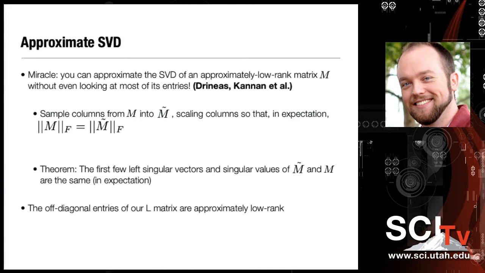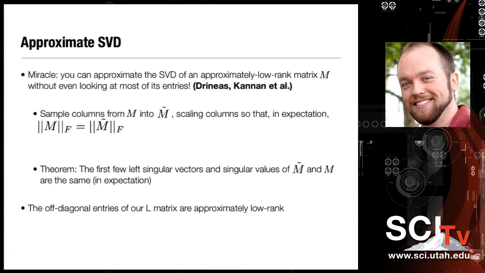It's just estimating how much total norm there is, and there's ways of doing that, and then you just scale everything. You compute the SVD of this small guy, and the left singular vectors and the singular values actually match the first ones. And on a matrix that's 30,000 by 30,000, a block that's 100 by 30,000 is not even 1% of the data. It's really, really small, and that's all you need.